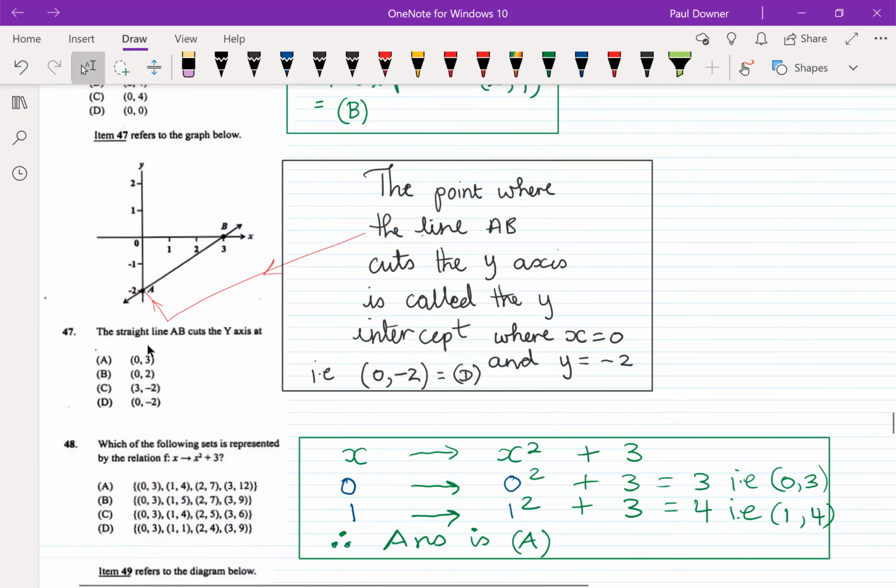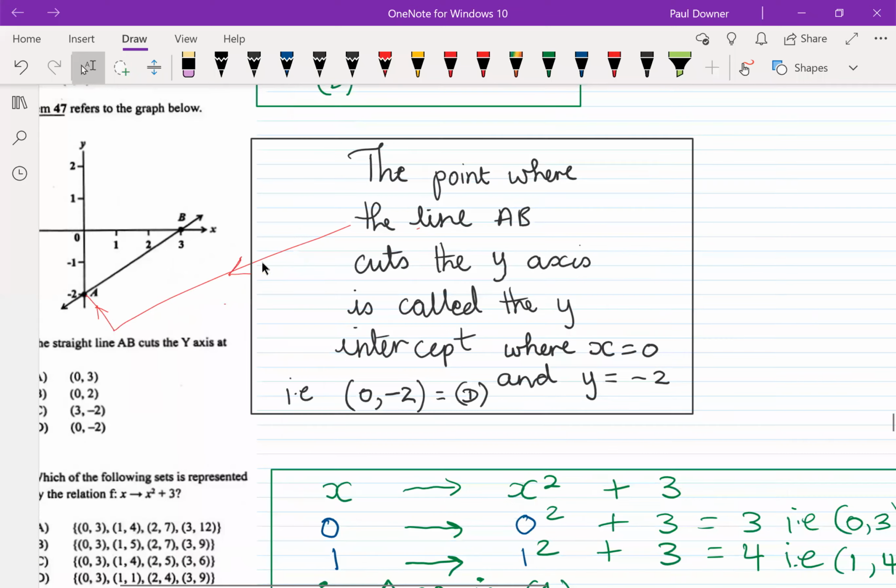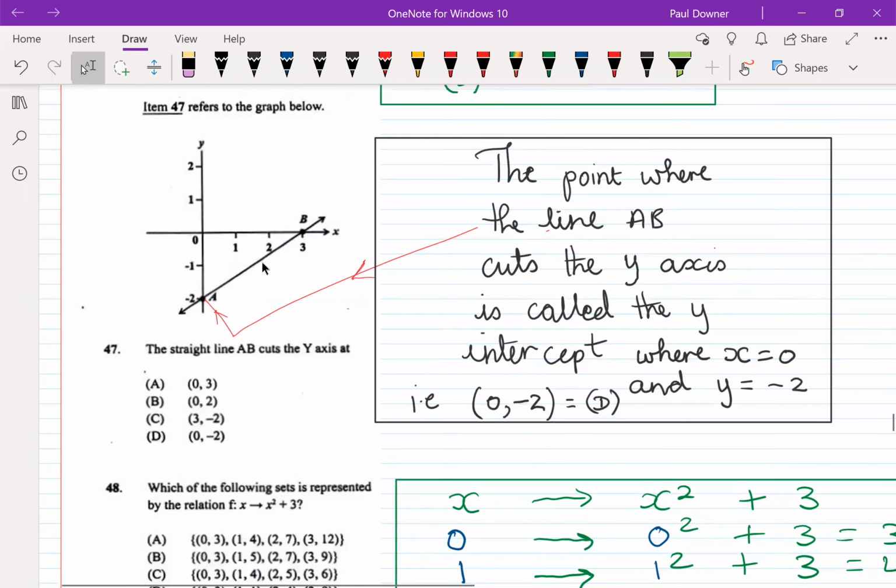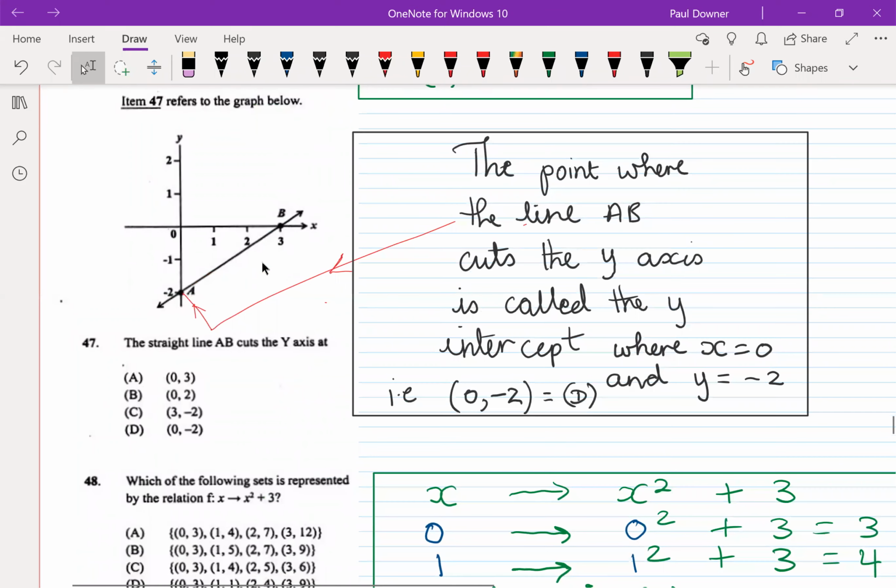Let's go down to number 47. Item 47 refers to the graph. So we're looking at this graph here. And the straight line AB cuts the y-axis at. Well, this is the y-axis here. Where is it cutting the y-axis? Right here. So the point where the line AB cuts the y-axis is called the y-intercept.